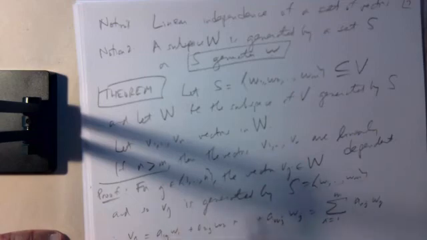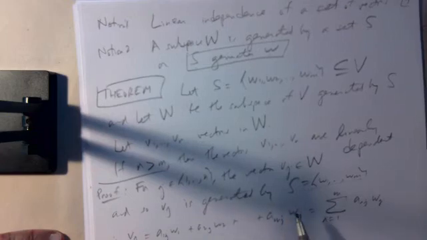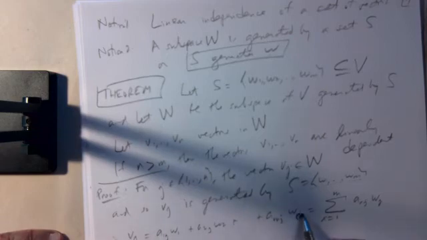Every vector in W is a linear combination of this set. So each of these n vectors is a linear combination of the m vectors in the set S.